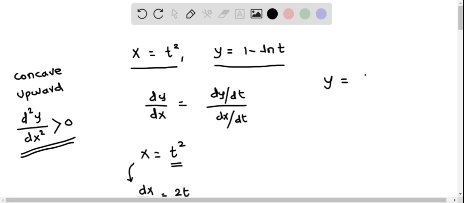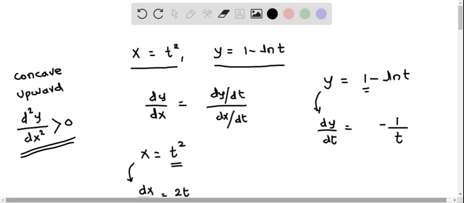So here we have y equals 1 minus natural logarithm of t. We find its derivative with respect to t. So I write dy by dt, and this equals derivative of 1 is 0, and derivative of natural logarithm of t is 1 over t. So it is negative of 1 over t.